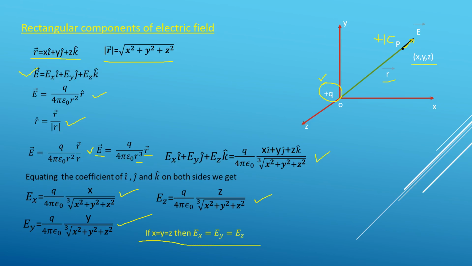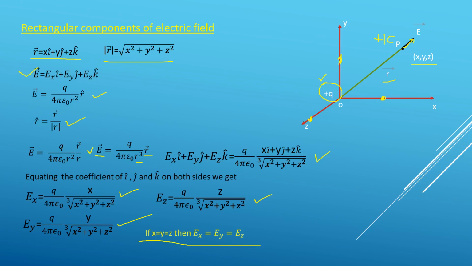This shows that at equal distance from the charge along the x-axis, y-axis and z-axis, the electric field has the same value. Means the value of electric field at this point, this point, this point will be the same.